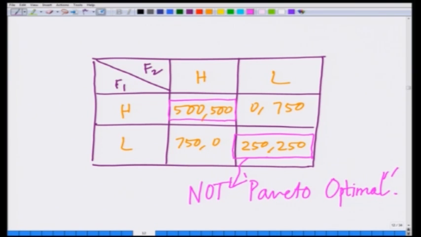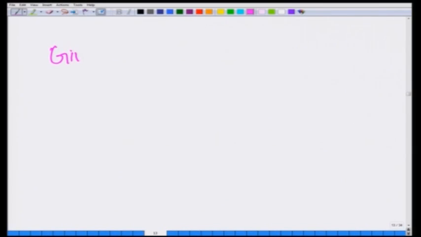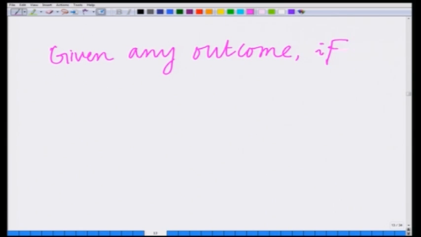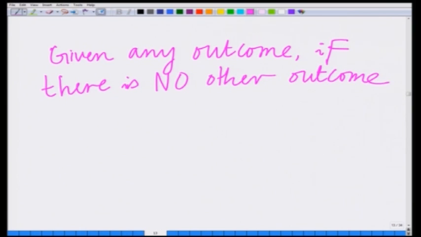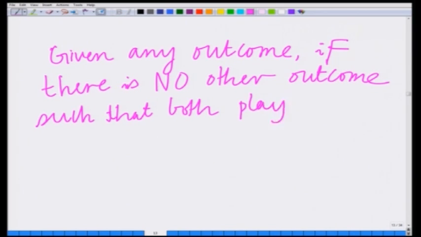optimal. What is the meaning of Pareto optimality? Given any outcome, if there is no other outcome such that both players can simultaneously improve their profit or utility or payoff, such an outcome is a Pareto optimal outcome.